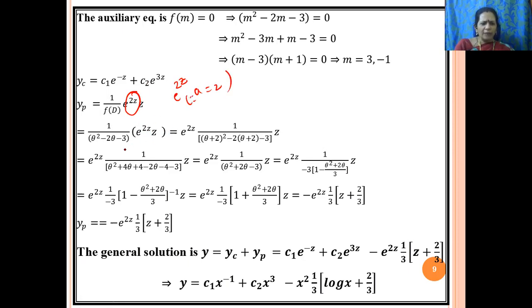Right? So this a value, we add it here, we add it to theta. Theta plus 2 whole square minus 2 into theta plus 2 minus 3, into z. Right? So here e power 2z, we write, and the z coefficient we add here, into z.